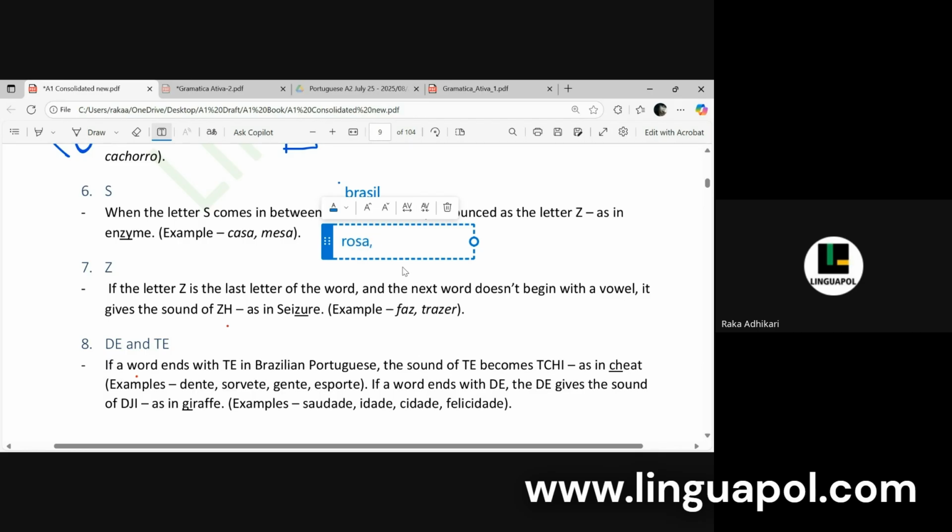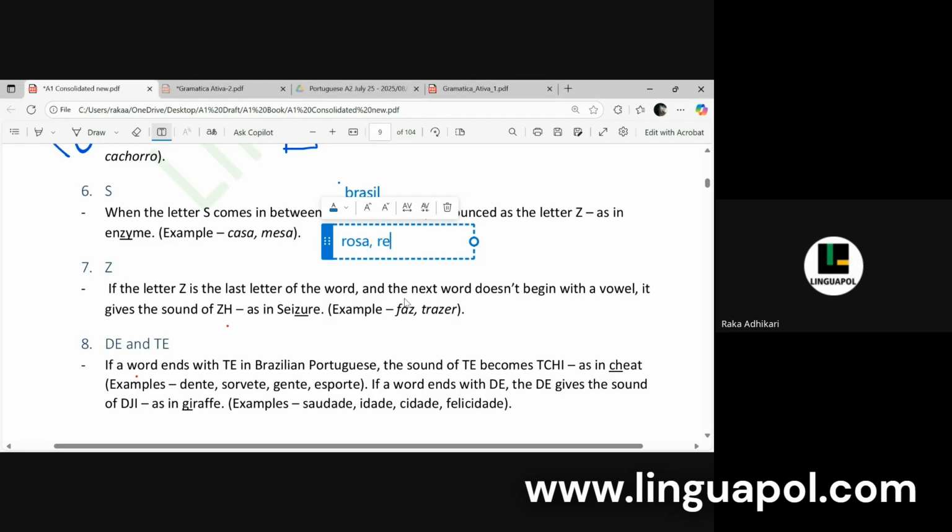We don't say rosa with an S sound, we say rosa with a Z sound. Whereas see, the normal sound of S is sa, like sapato. We don't say zapato. We say sapato because here the word is beginning with the letter S. But only if the letter S comes in between two vowels. That is, firstly, it has to be in the middle of the word, then only it'll come between vowels. So there we will pronounce it as Z.